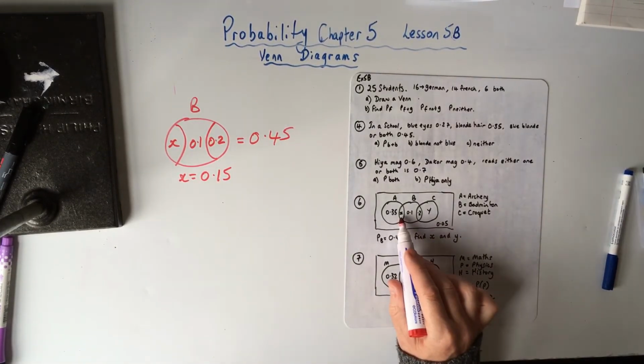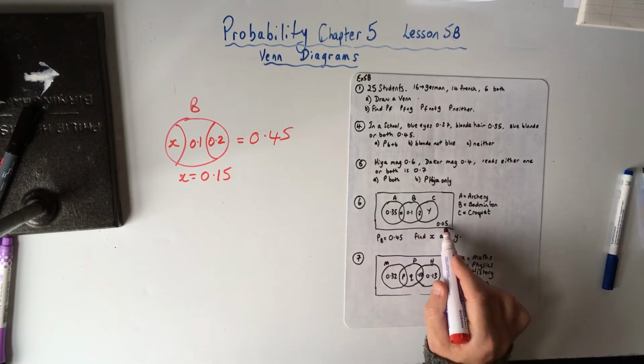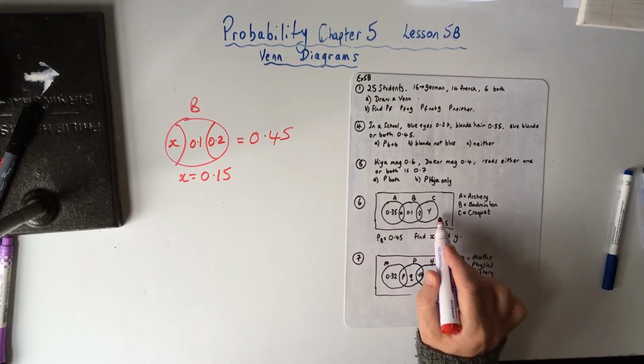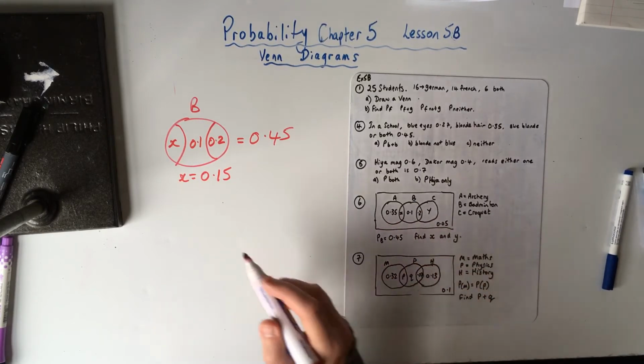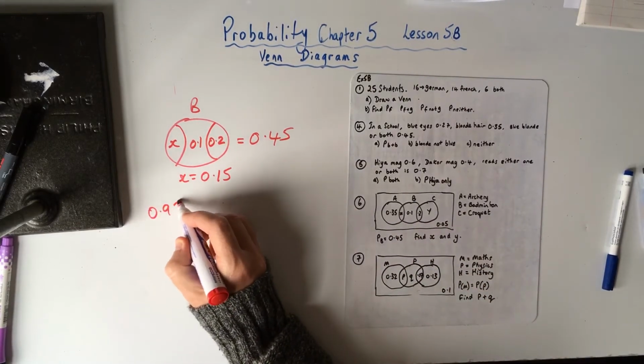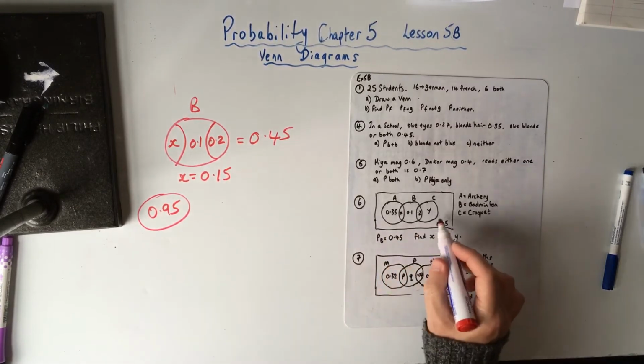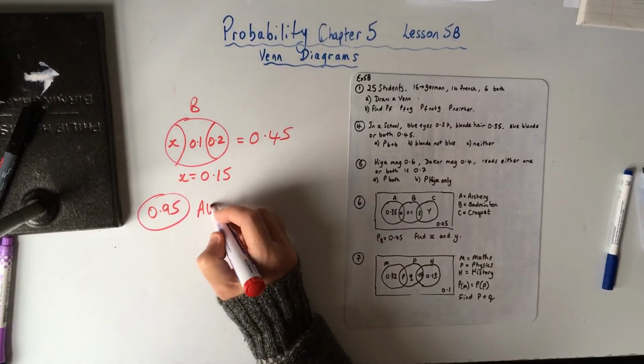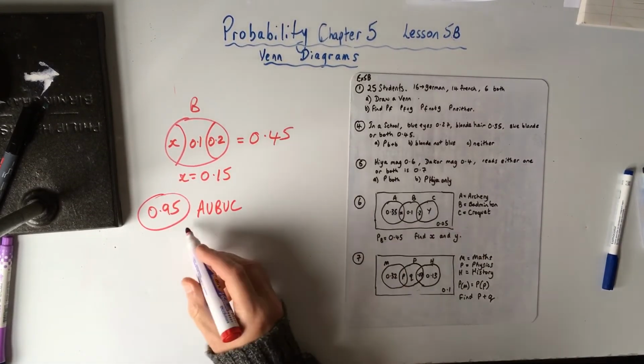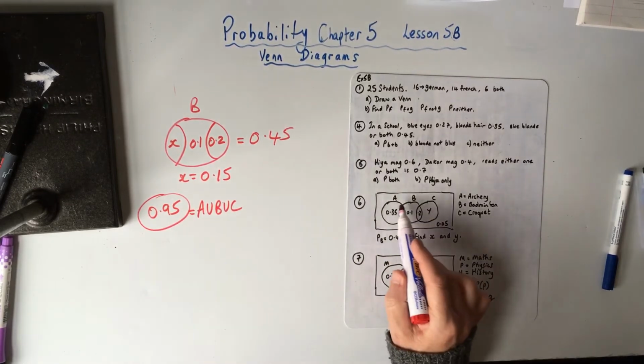So find x and y. X is just 0.15, and then because the whole thing is 1, if you take off 0.05, then all those 3 circles is 0.95, isn't it? That's A union B union C is 0.95.